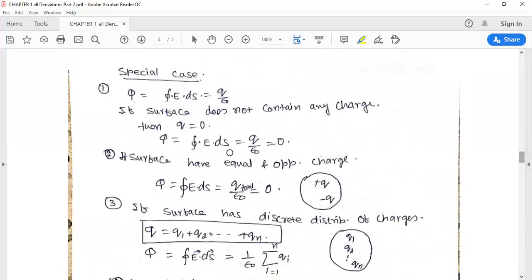There are some special cases. Phi equals the integral of E dot ds equals Q by epsilon naught. If the surface does not contain any charge, then Q equals 0, which means phi equals 0. If the surface has equal and opposite charge, suppose plus Q and minus Q, then the flux is the integral of E dot ds, and Q total is 0, which means the flux is 0.